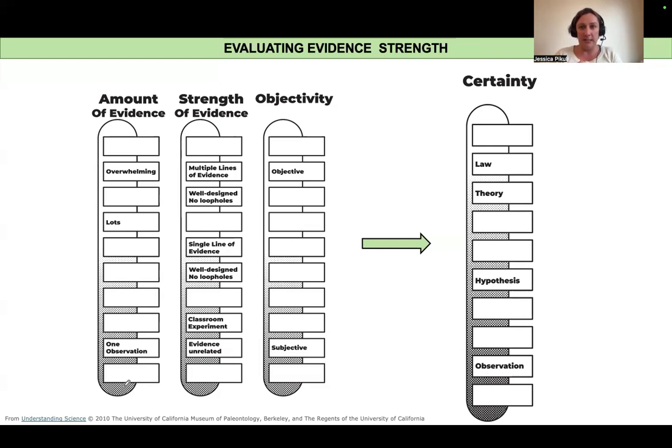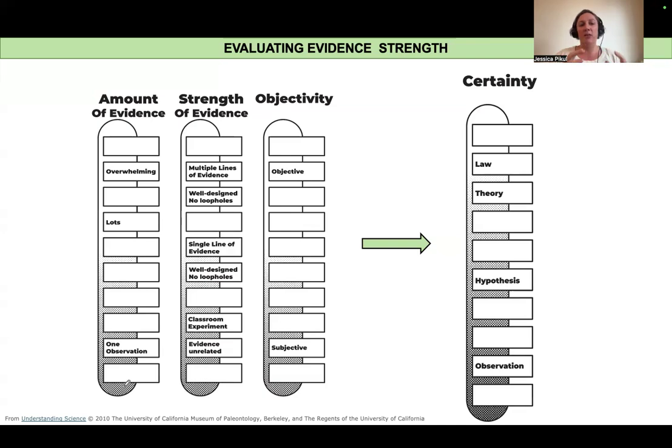So we evaluate three things: the amount of evidence, the strength of evidence, and the objectivity of the evidence. And I like this scale. It helps break things down and it's not rigid in any way. But there are arguments that provide overwhelming amounts of evidence, like 10,000 people participated in this trial, and now we can draw a conclusion about how many people like chocolate and how many people like vanilla.